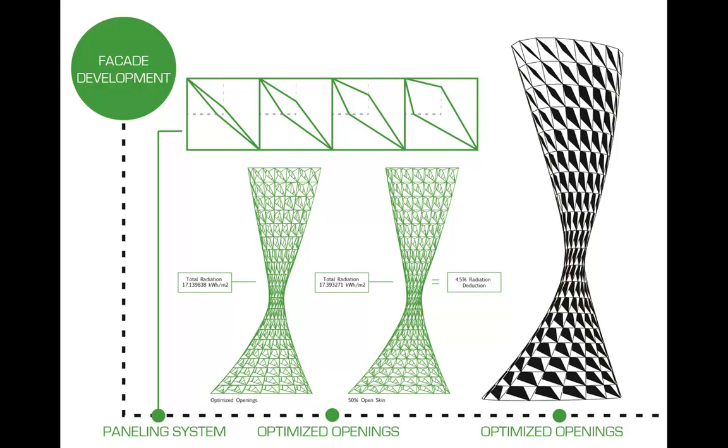So the comparison is at 50% openings and optimized openings. And the result was an additional decrease of radiation by 4.5%. This is just a close-up of the panels and the variations that they created.